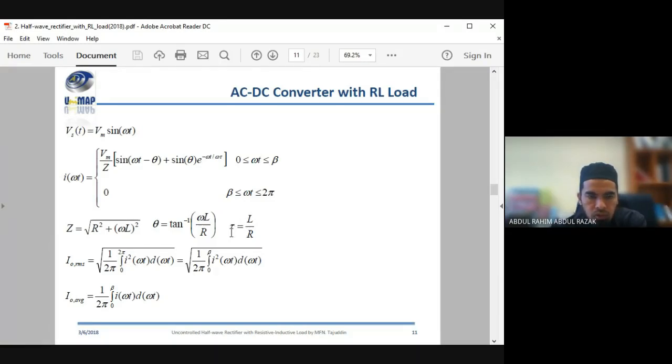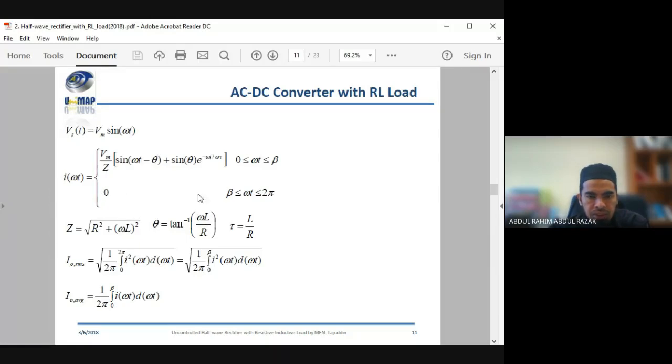So these are the parameters or formulas that are usually involved in your calculation to find the impedance, output RMS current value, and output average current value. Voltage is the pure sine wave. Meanwhile, your current only exists in the positive cycle of your system. In the positive cycle, you have this pattern, Vm divided by impedance.